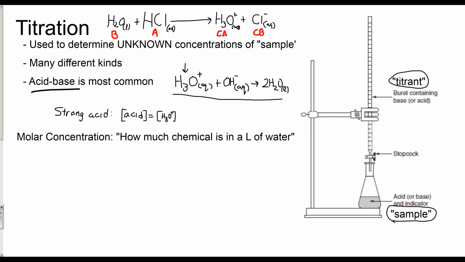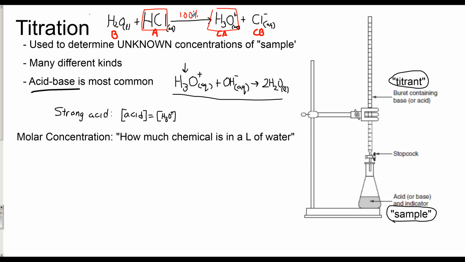And the whole point of strong acid is that this happens 100% of the time. So every single molecule of HCl that you put into a solution or into water will react to make H3O. What that means for us is if we can determine the amount of H3O, we can determine the amount of HCl.